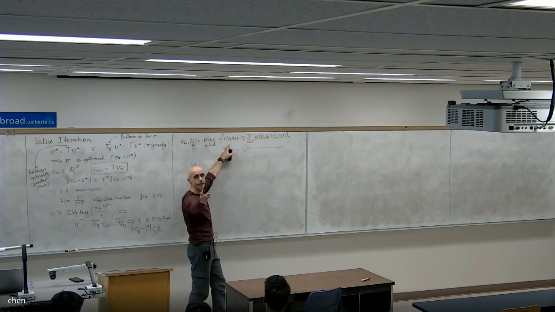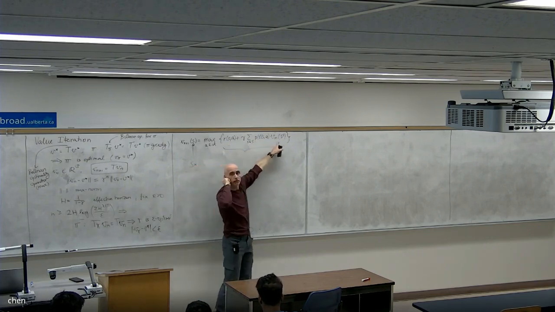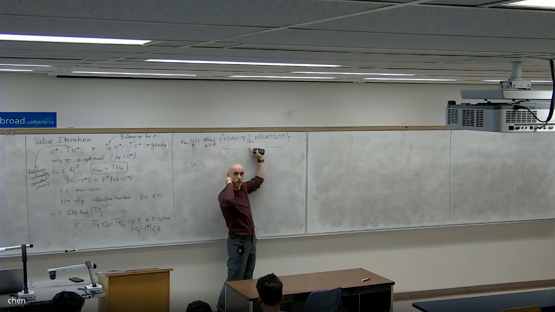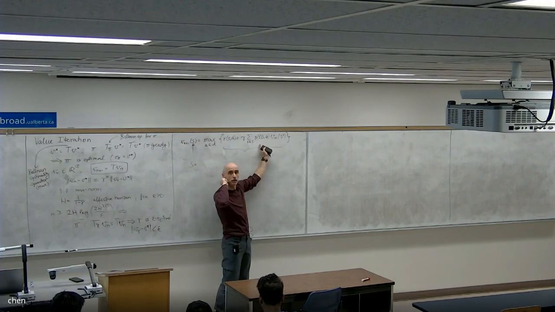So the probability times the value, and you need to sum, right? So that's the expensive part, because, well, okay, maybe multiplication is a little bit more expensive than addition, but in addition to that, you have to do this S times.